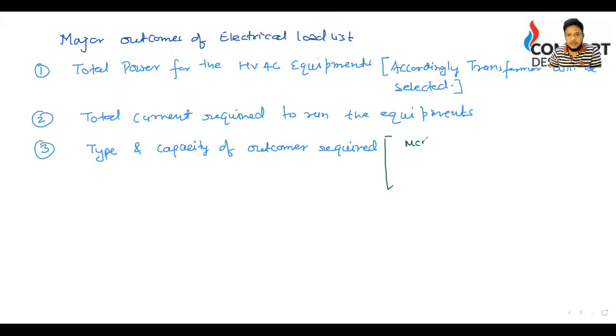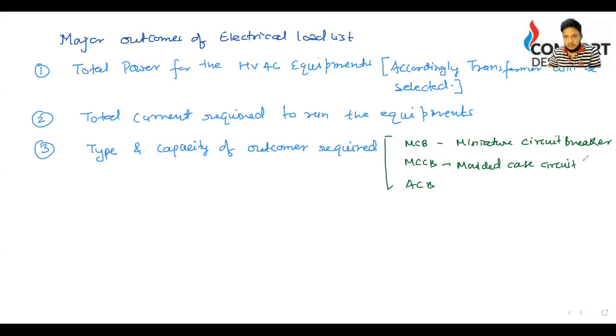That is, miniature circuit breaker, molded case circuit breaker, and ACB, the air circuit breaker.